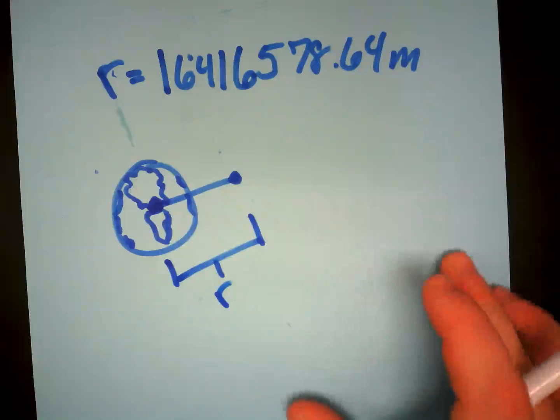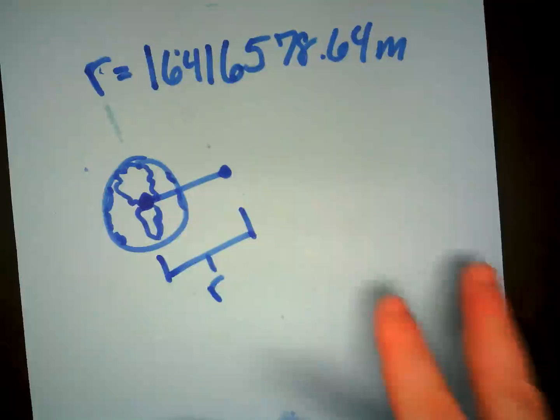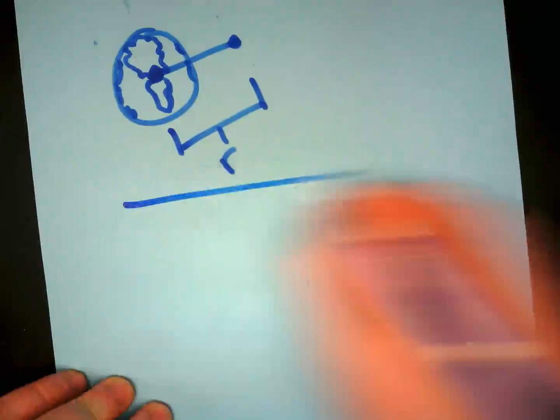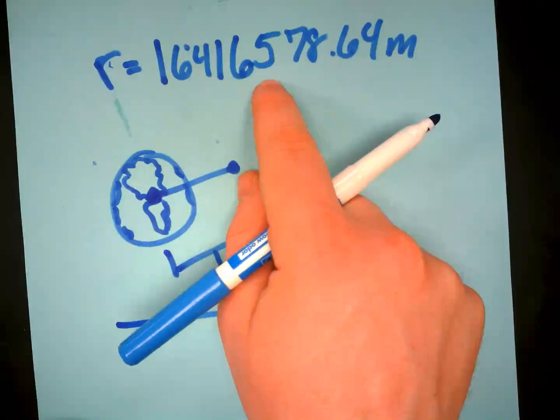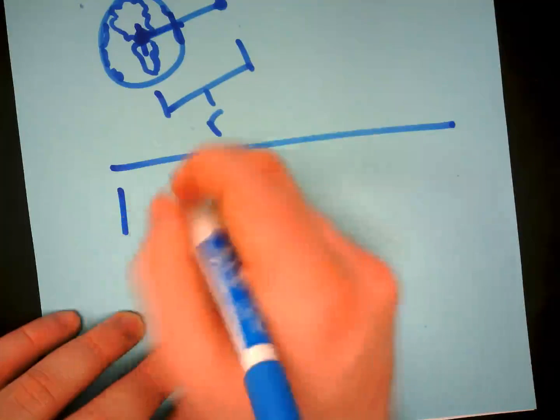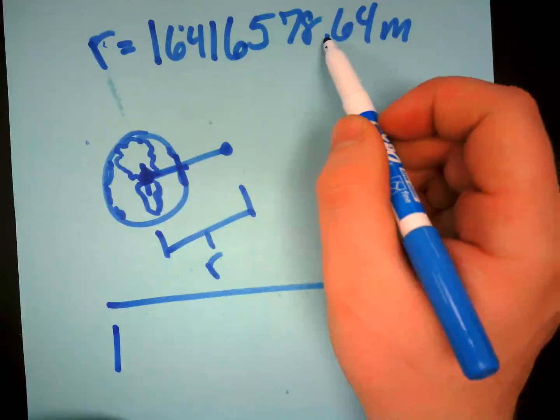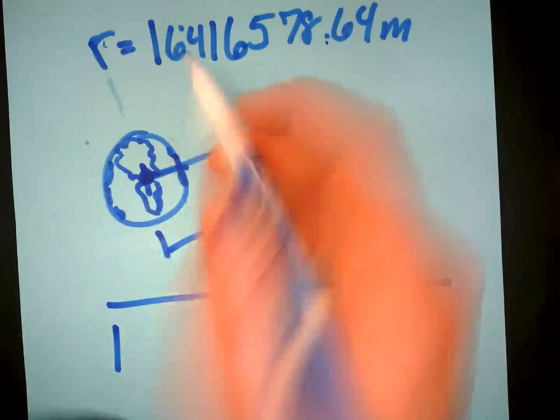But the question is asking, how far away is he from the surface of the Earth? Well, he is whatever this is minus the radius of the Earth.